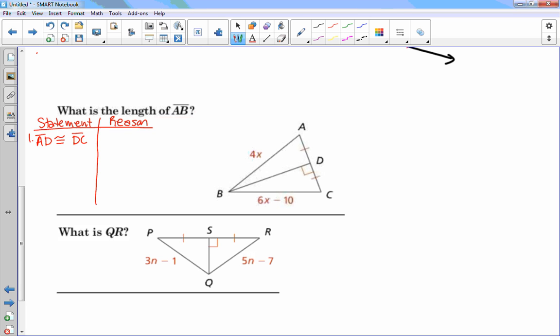Given. I also know something about another side of the triangle. What do we know about another side of the triangles?